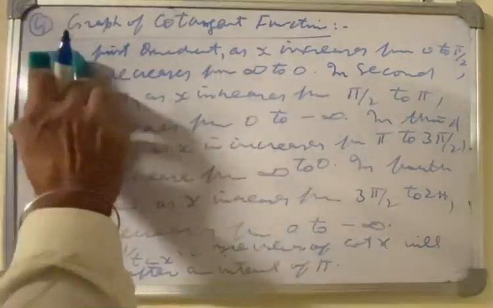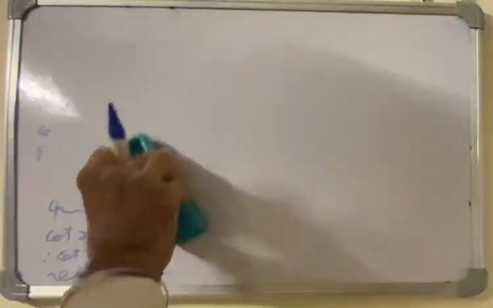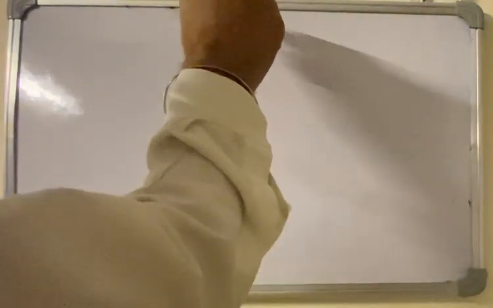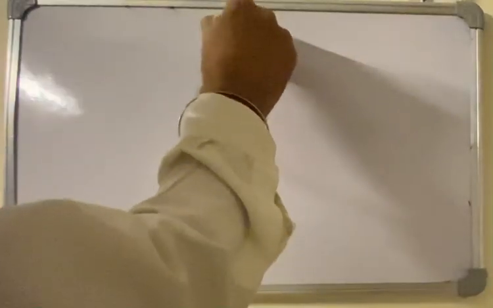Now let us draw graph of cotangent function.